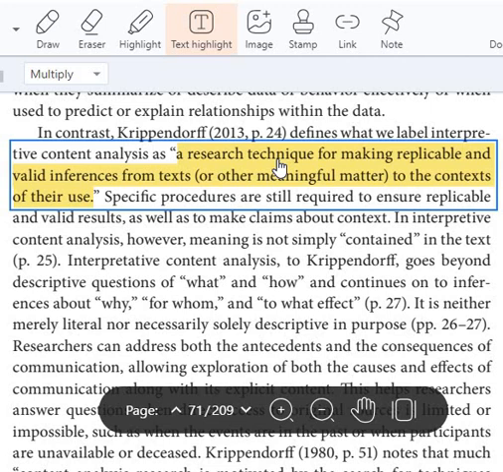Of course, we need many measures or procedures that are used to ensure replicable and valid results, as well as to make claims about context. Here context is very important.